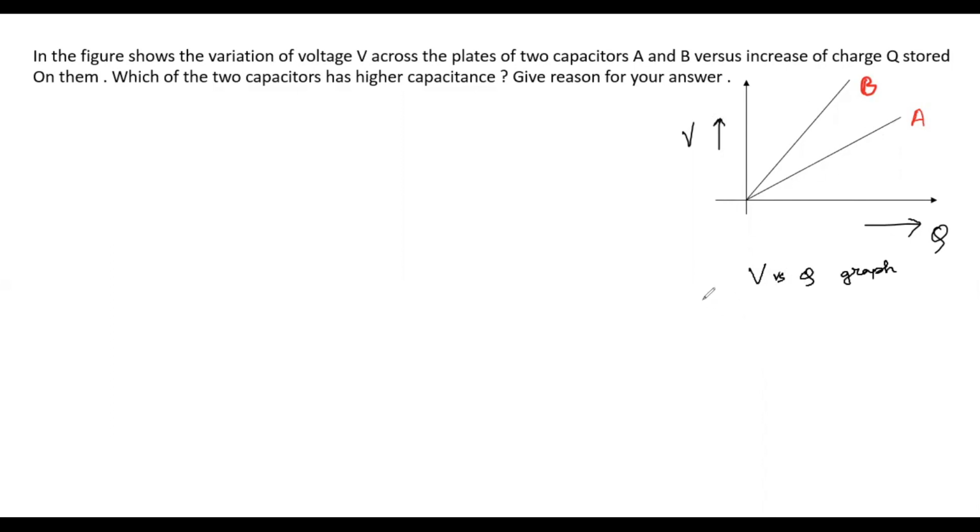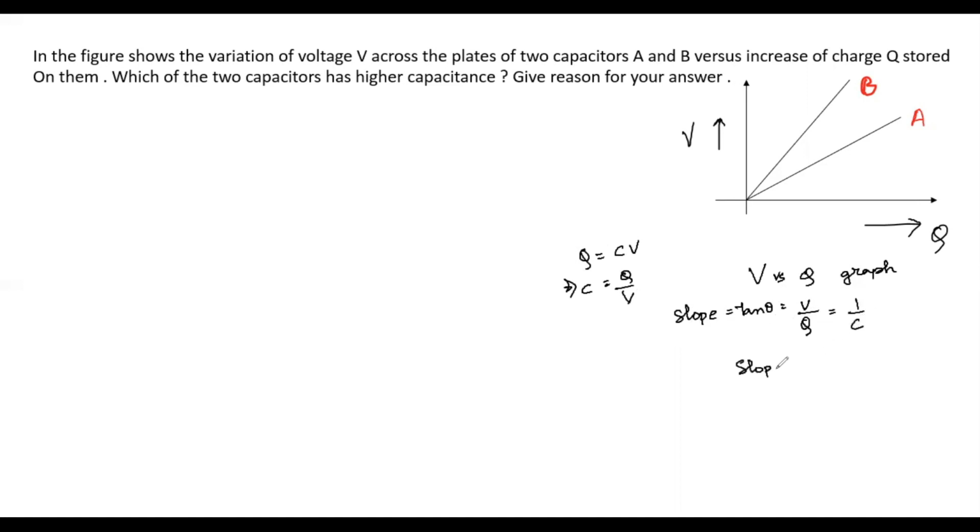Now remember, for such a graph, the slope, which is tan theta, is nothing but V by Q. And we have the relation Q equals CV, so capacitance is nothing but Q by V. But since the slope is V by Q, we have an inverse relation with capacitance.